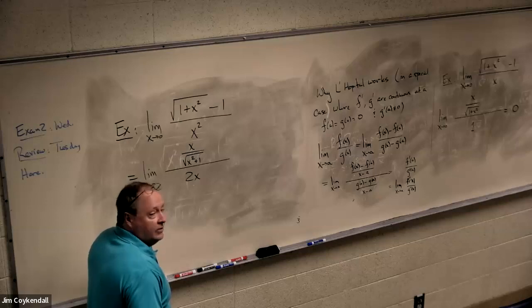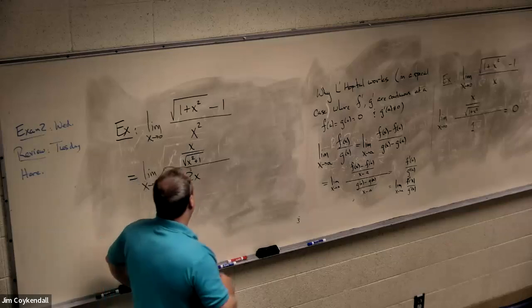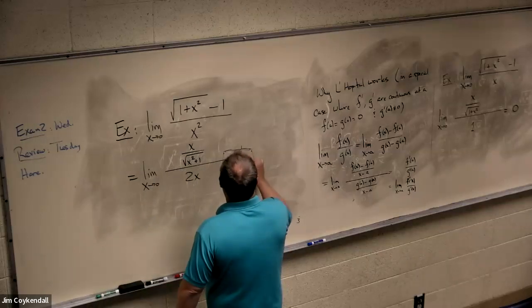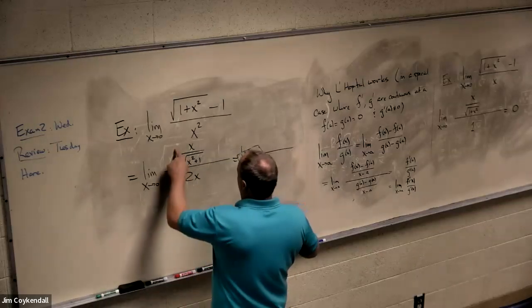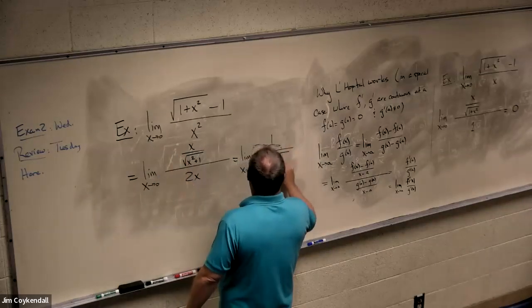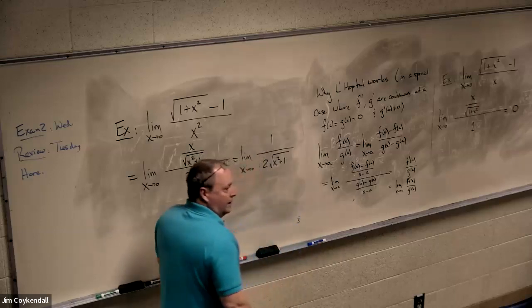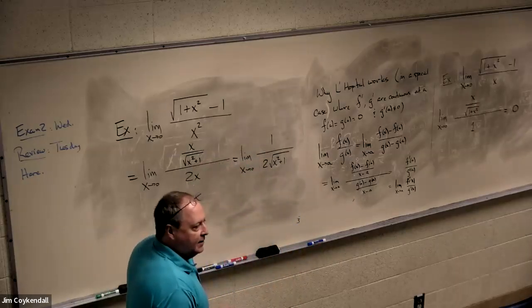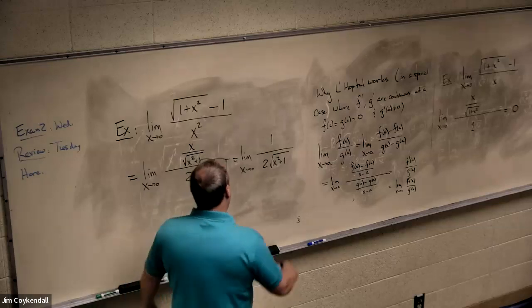In particular, you cancel an x from the top and bottom. So let's rewrite it this way. This is 1 over 2. That limit I can evaluate by doing nothing more than plugging in. This is 1/2.